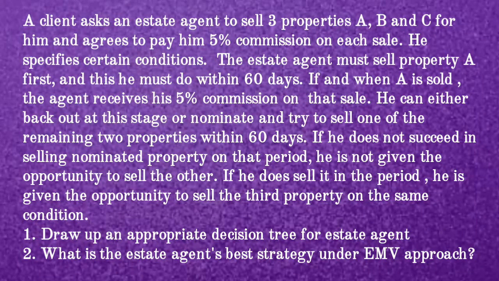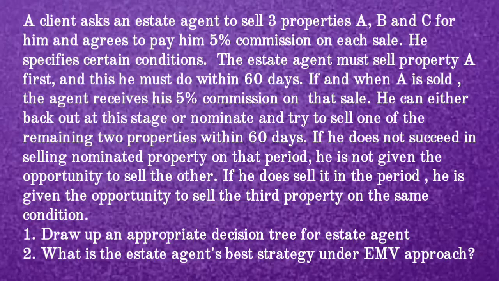We will read the given question. A client asks an estate agent to sell three properties A, B and C for him and agrees to pay him 5% commission on each sale. He specified certain conditions. The estate agent must sell property A first, and this he must do within 60 days.